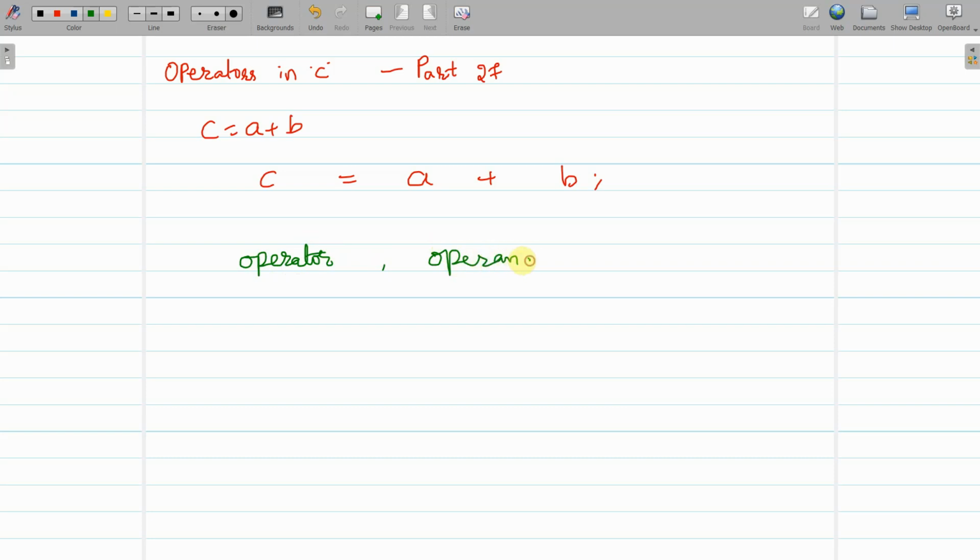When an operator and operand combine, we get an expression. This is how you have to understand the concept of developing an expression in C language. So in the given example, C, A, B are called the operands, and plus, equal to are called the operators.